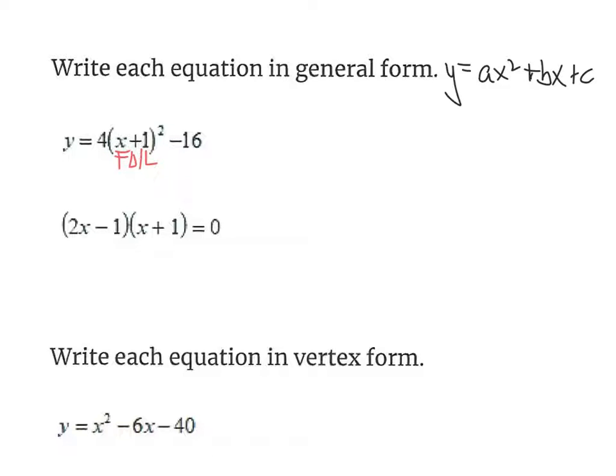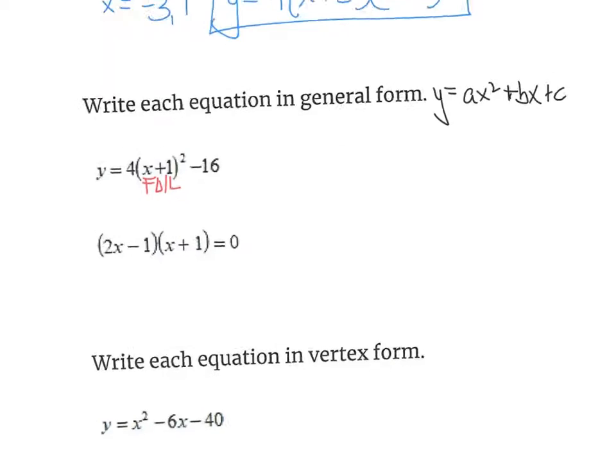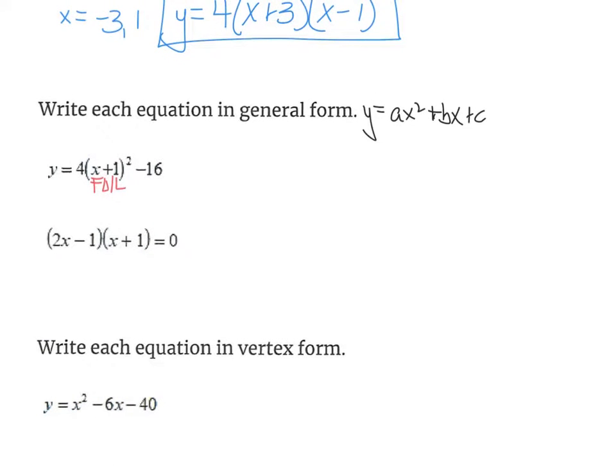Go over to the side to FOIL that out: x plus 1 times x plus 1. Multiply x times everything and 1 times everything. If you do that and collect like terms, you get x squared plus 2x plus 1.